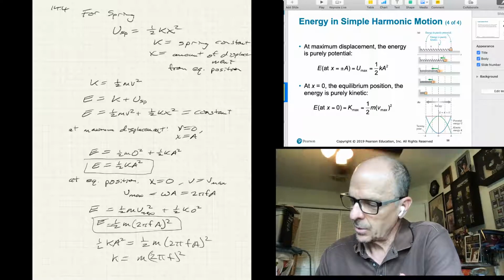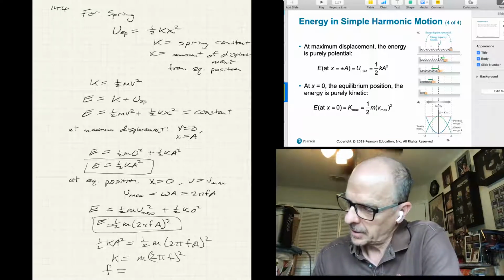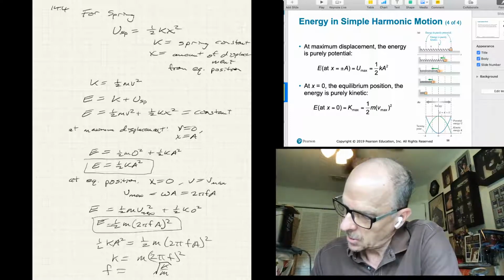I take the square root of both sides, and I get f equals a square root of k over m and a 1 over 2 pi.